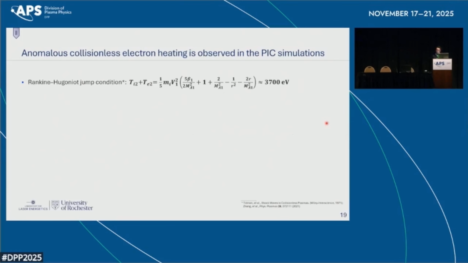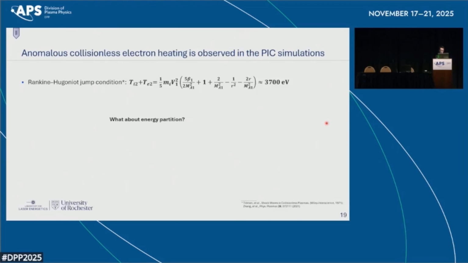Okay, so in the simulations, we have observed anomalous collisionless electron heating. So we're talking about temperature. When we talk about temperature, we have the Rankine-Hugoniot jump condition. We should expect in the downstream that the temperature Te plus Ti should be on the order of 3,700 eV. But this equation doesn't tell us about energy partition.